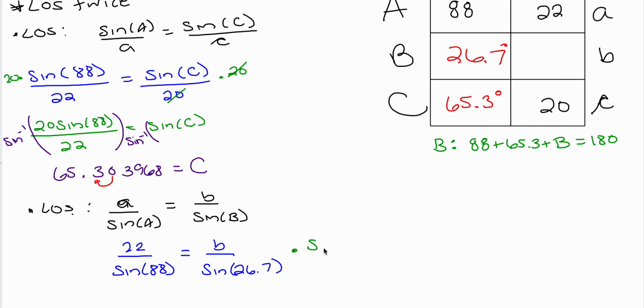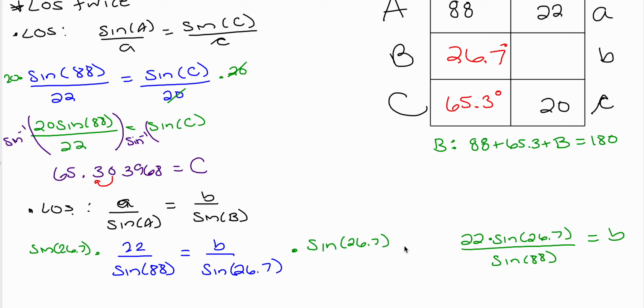I will multiply both sides by sine of 26.7. So really I have 22 times sine of 26.7, and that's being divided by sine of 88, and that's going to equal little b, because the division and multiplication are inverses of each other, so they become 1.